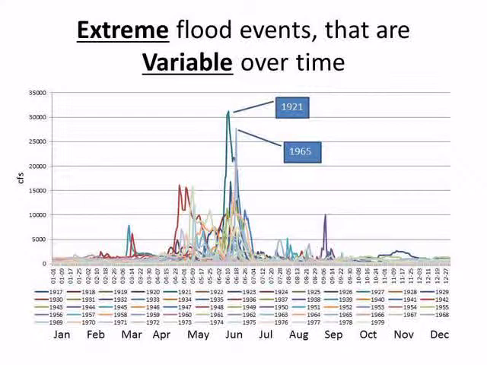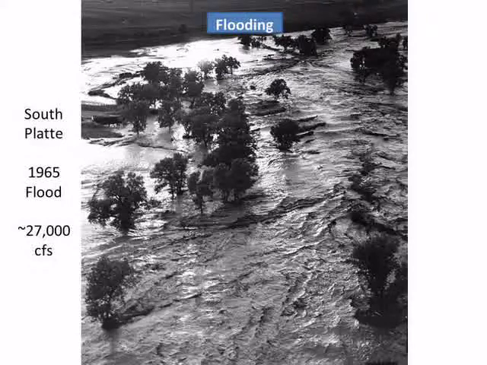Occasionally the floods happen early in the season, sometimes later. What this flooding does is create large flood events that flood the floodplain. This is South Platte 1965. I got some photographs off the internet, at approximately 27,000 CFS. And what do these floods bring with them?